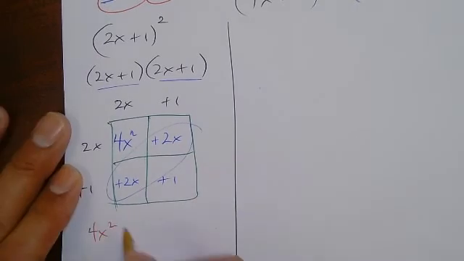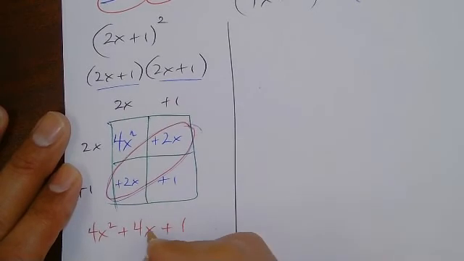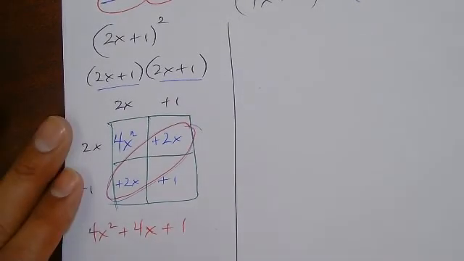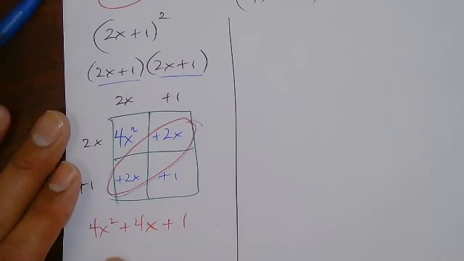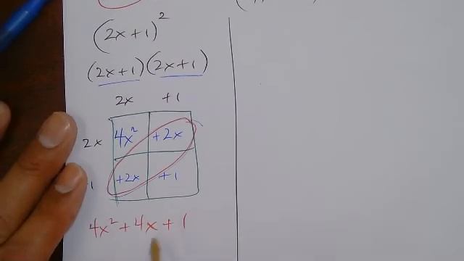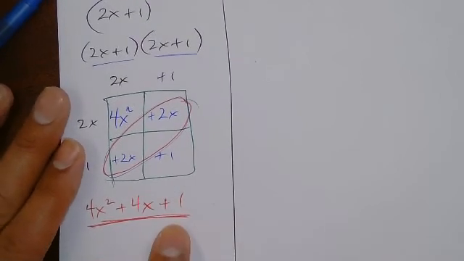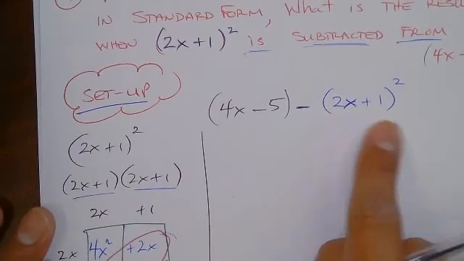Everybody agree it's going to be 4x squared plus 4x plus 1, because when I add these two, it gives me plus 4x. Okay. So what does this mean, everybody? That's the answer? That's it? We're finished? No.